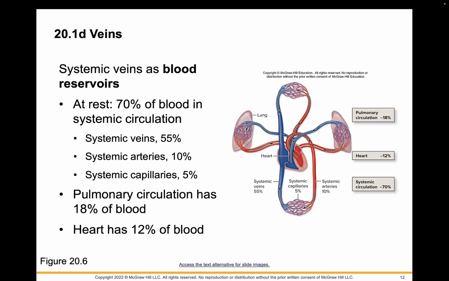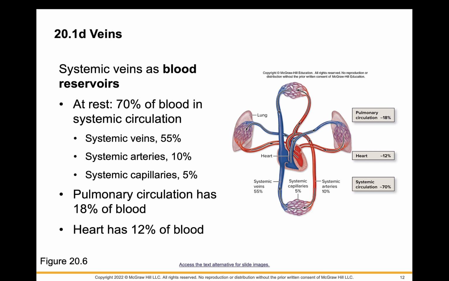Now, a couple of things to point out here when we're looking at where blood is located. And I've used the term that veins are a volume reservoir. We expect to find the majority of blood within our veins. And this slide here really reinforces that. At rest, approximately 70% of blood in the body is within the systemic circulation.